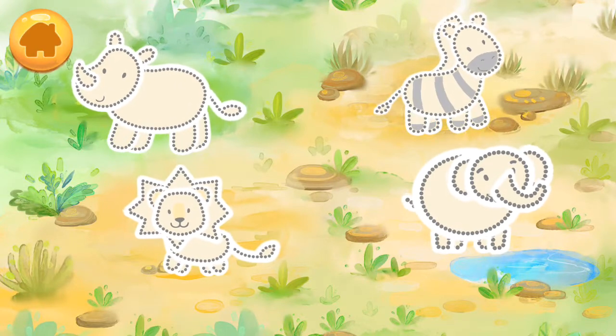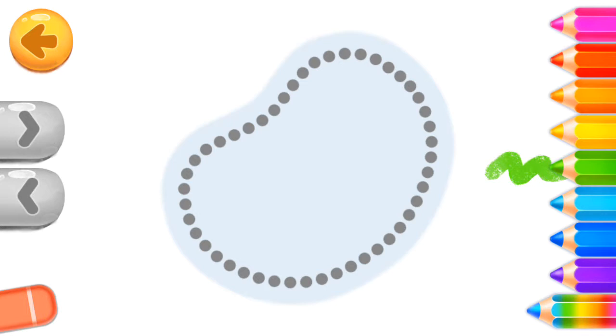Let's draw the inhabitants of hot Africa. Rhino lives in Africa. Let's start with the head. Try to draw neatly. Green.